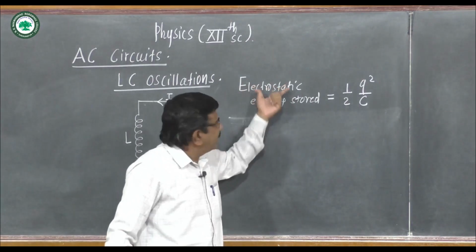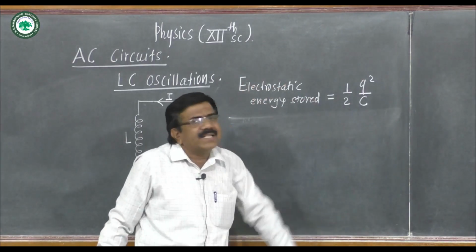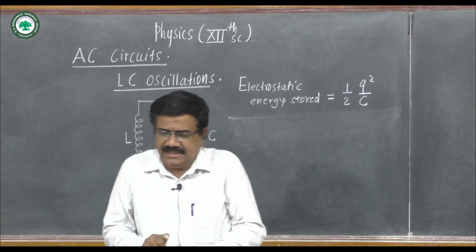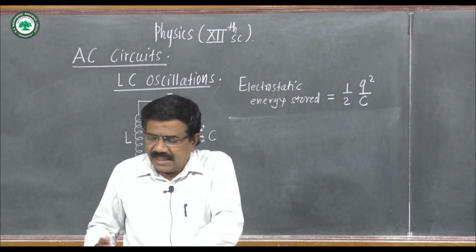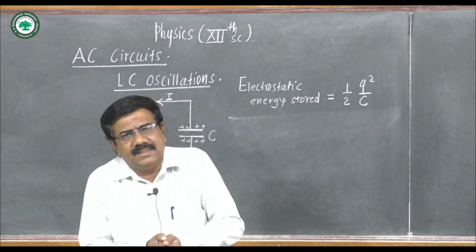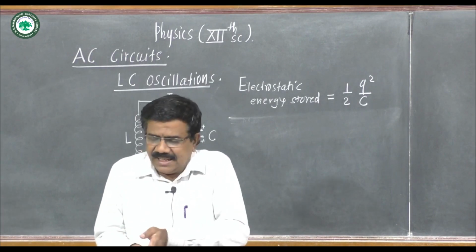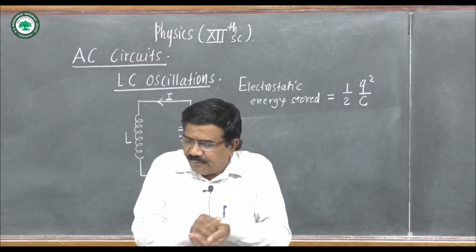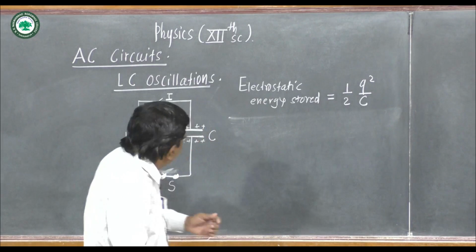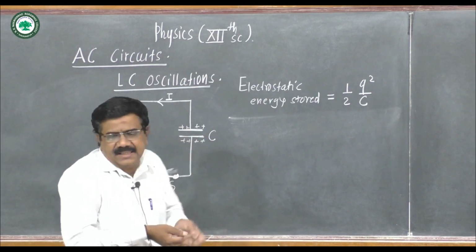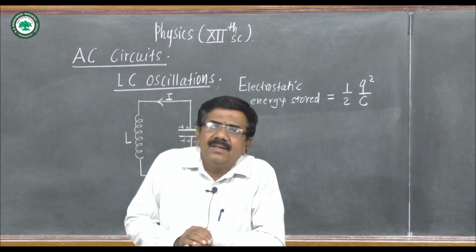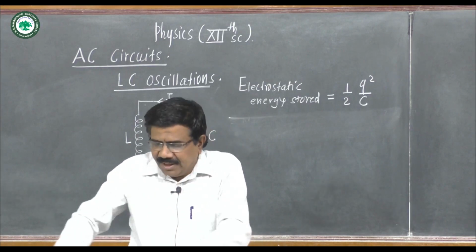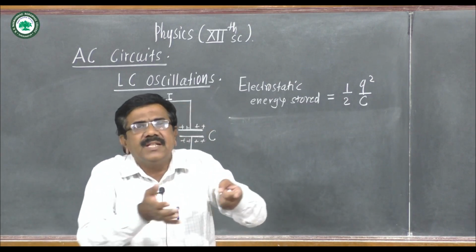When it is connected to the inductor, current flows through the inductor. This increase in current changes the magnetic flux phi, and EMF is induced in the inductor. This self-induced EMF opposes the growth of the current.